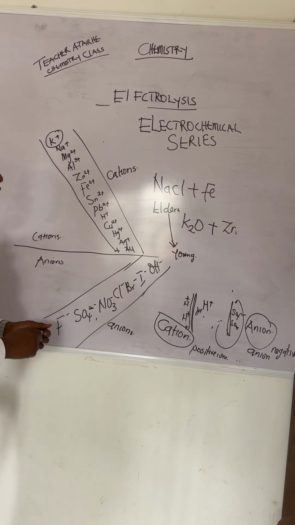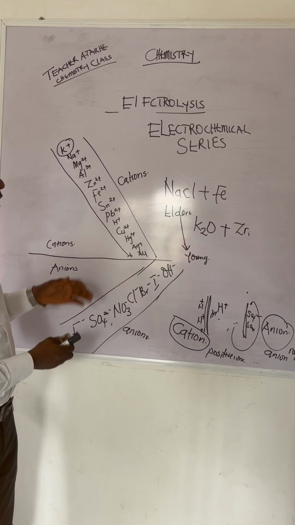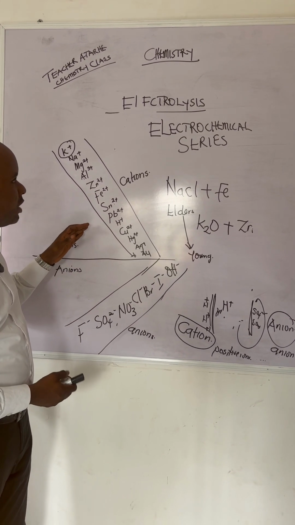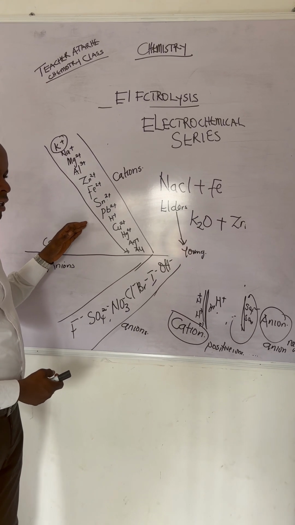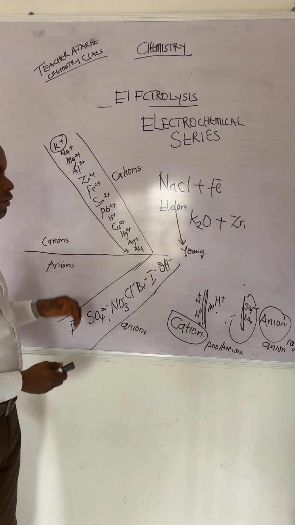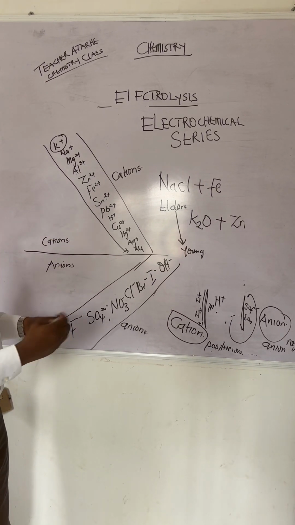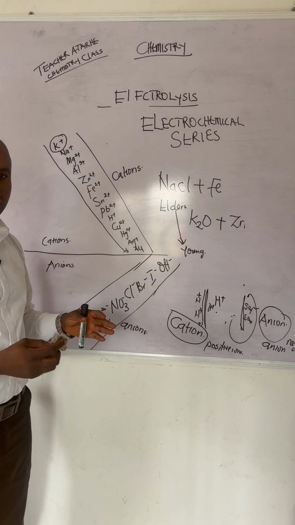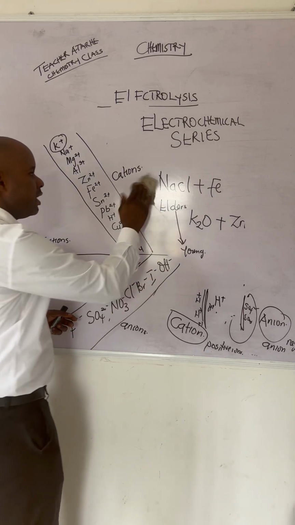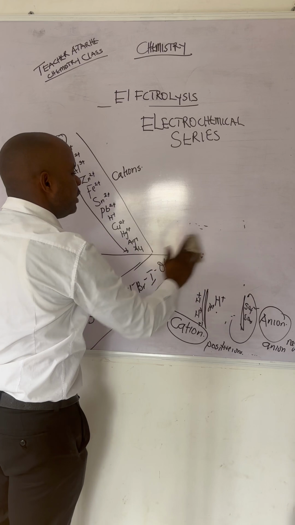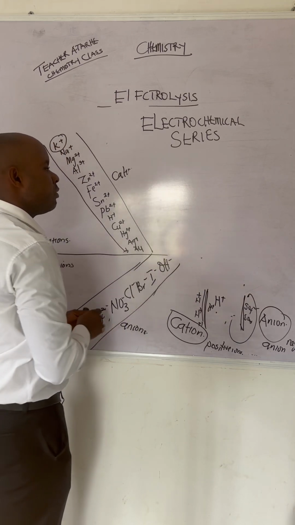So, students, you have to understand this electrochemical series so that electrolysis will be very, very easy. During the course of this lesson, you're going to be engaged with electrolysis of substances.